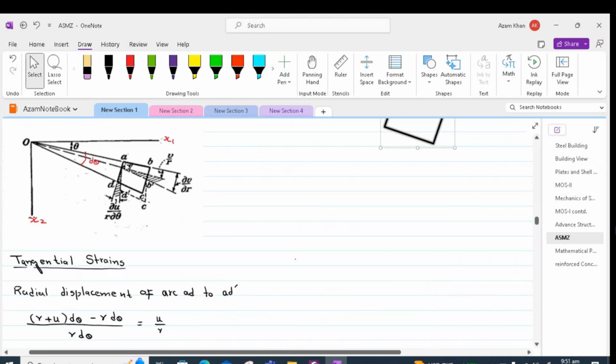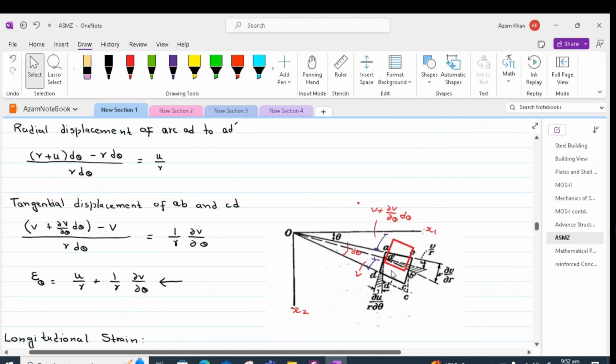The other sides or the other sections of the element, i.e. AB and CD displacement, will now be considered. We assume that our element ABCD has moved to the new position shown by this red element.